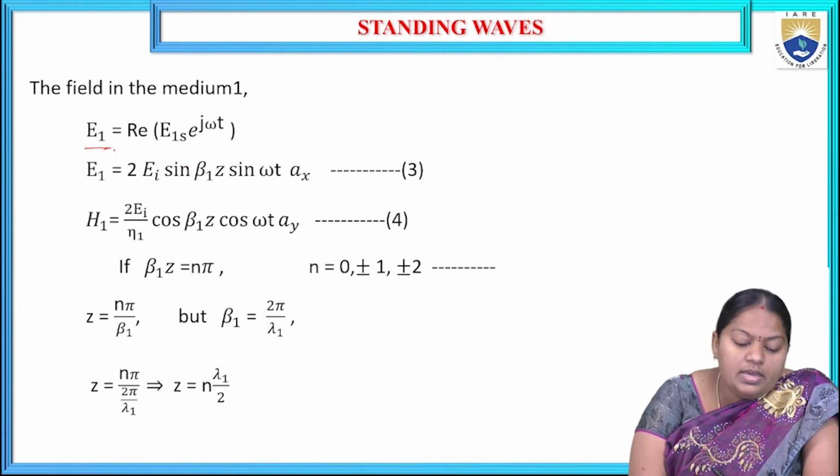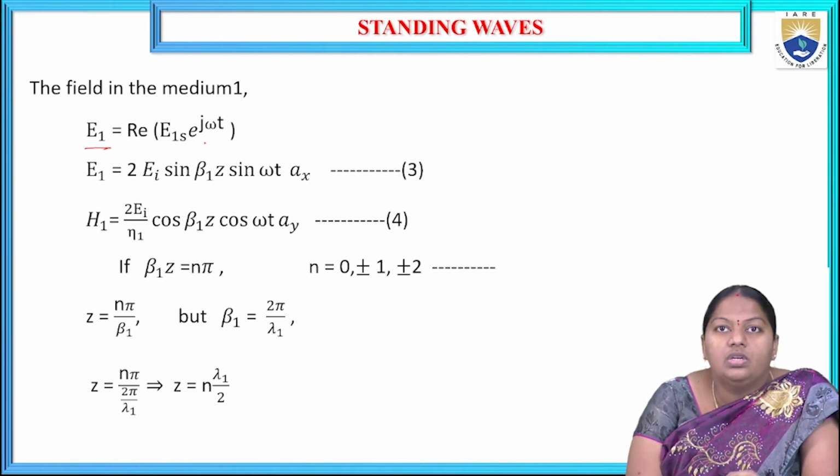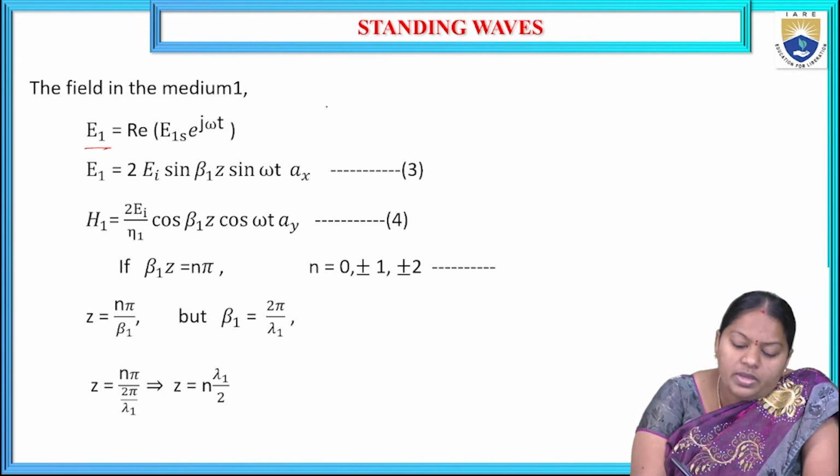So E1 is the real part of E1s e^(jωt). What is the formula? For sin ωt, sin ωt is equal to (e^(jωt) minus e^(-jωt)) by 2j.